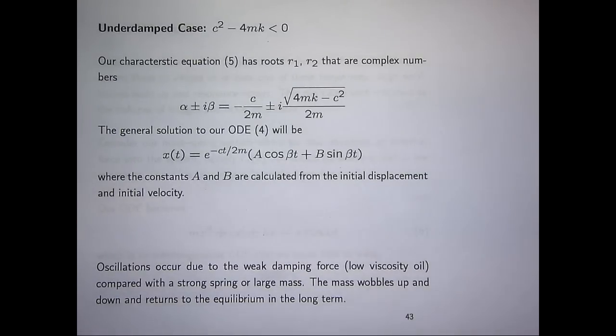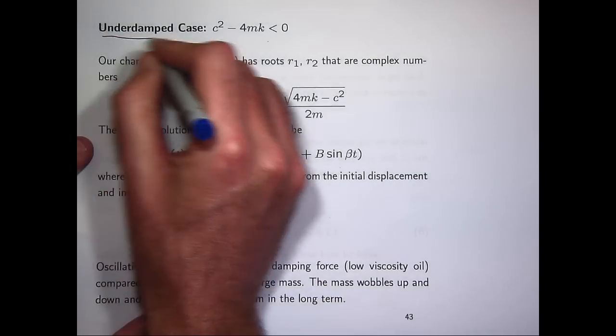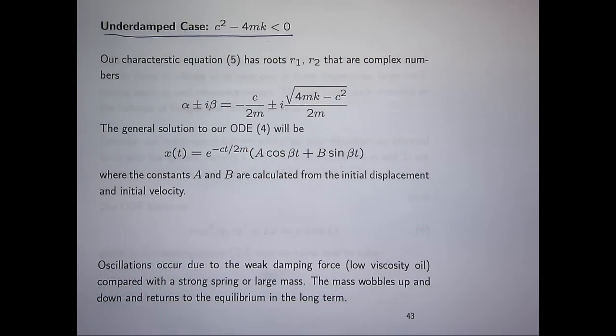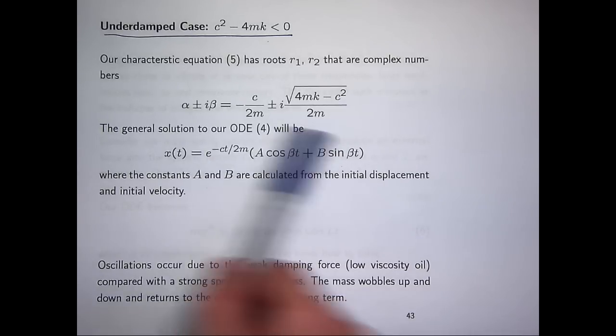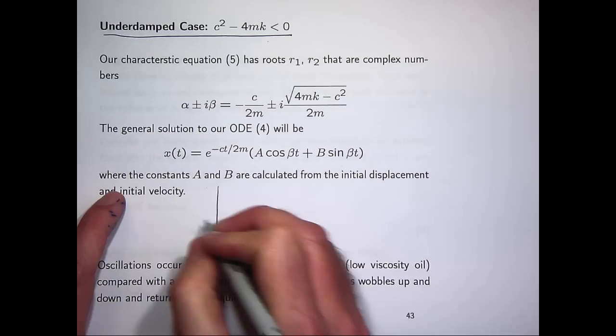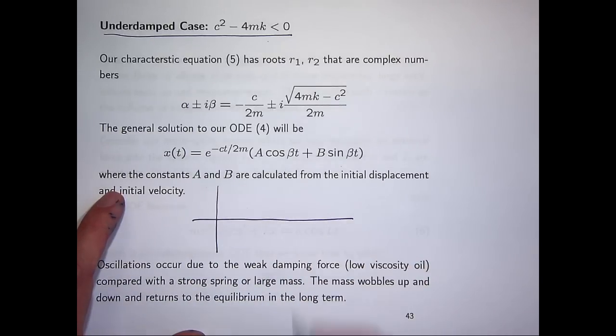And finally, the underdamped case. Okay, this is where you get complex roots, and this will be the form of your solution. So what does that mean? Well, essentially it means that your mass is just going to wobble up and down.